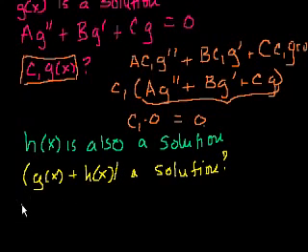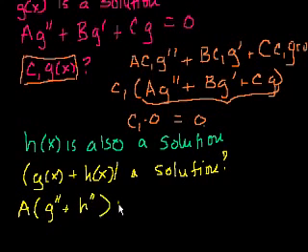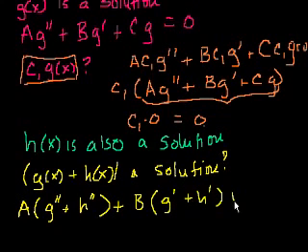So we'll have a times the second derivative of this thing. Well, that's straightforward enough. That's just g prime prime plus h prime prime, plus b times the first derivative of this thing, g prime plus h prime, plus c times this function, g plus h.